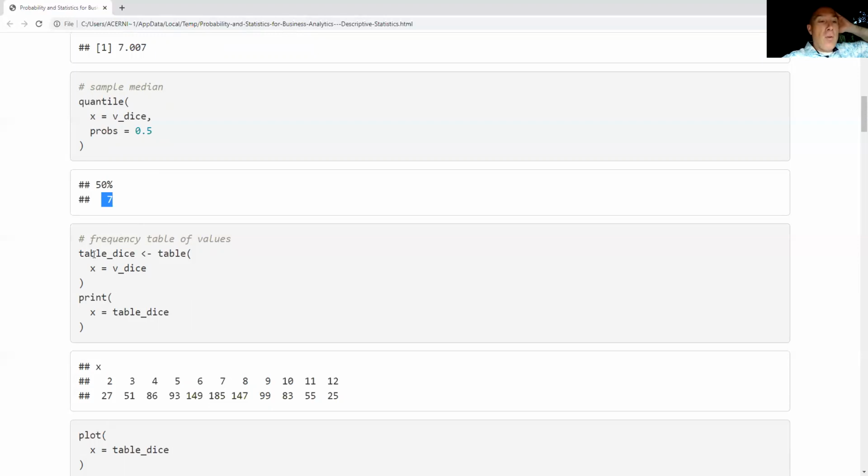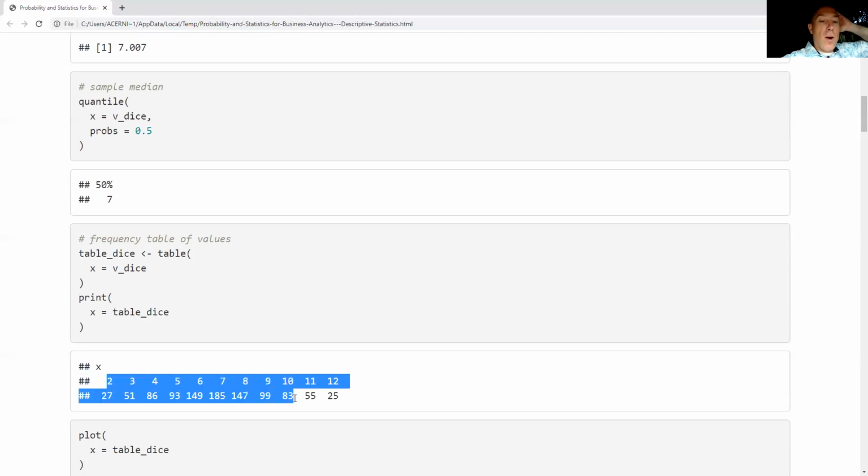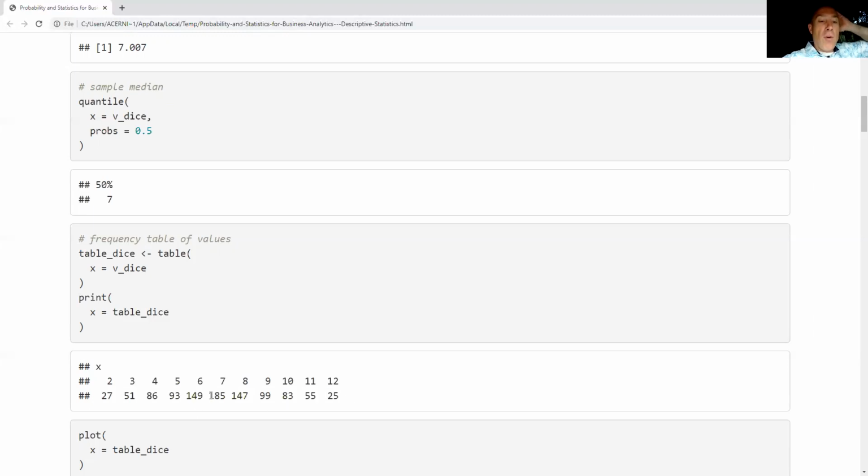I use the table function, save the output as table dice, and then print the table. Here are the numbers 2 through 12, and here's how frequently we got them. We can see our most frequent observation is 7. So for us, 7 is the mode.